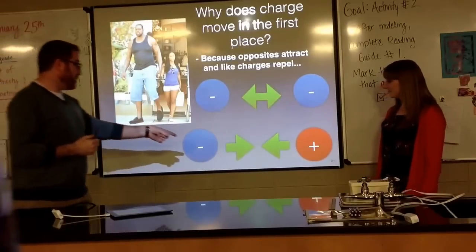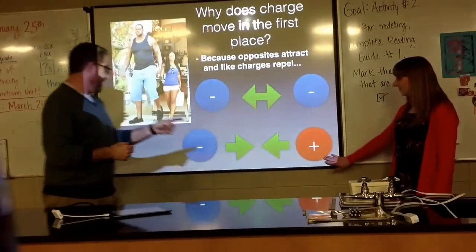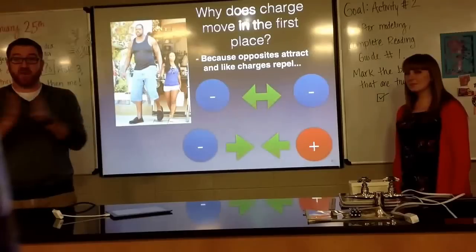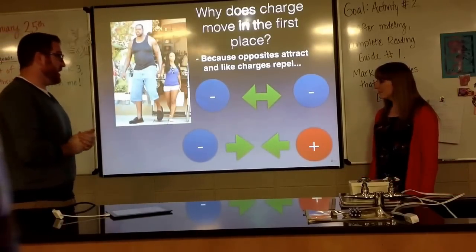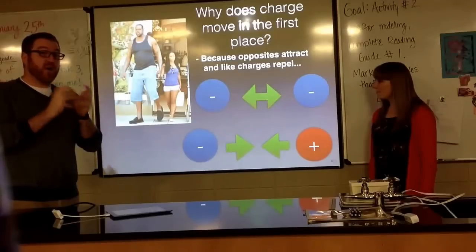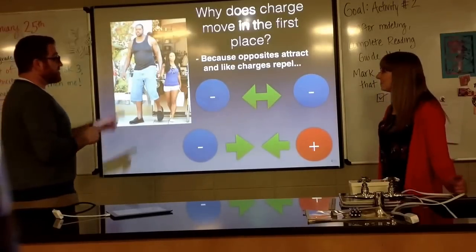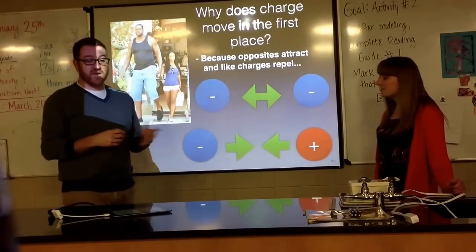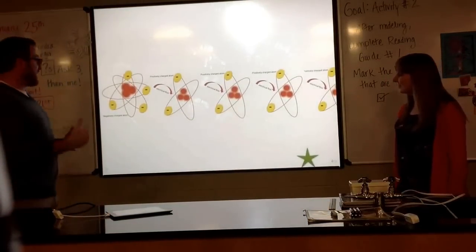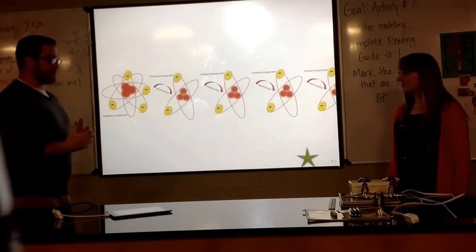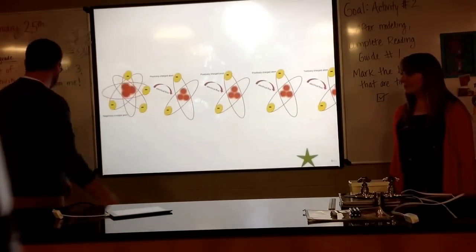If we put a proton and an electron next to one another, they're going to attract, just like a north and a south pole on a magnet might. So, again, what we are ultimately interested in is this movement of electrons. Because if we bump an electron into one another, we can get these electrons to move in a straight line.